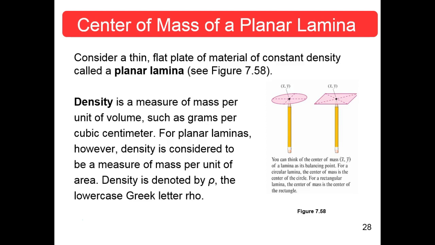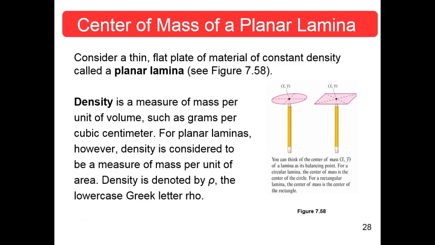Now, if you have a thin, flat plate of uniform density, if it's symmetric, then whatever its center is will be its center of mass. That could be a circle, it could be a square, it could be a rectangle, it could be an ellipse. The center will be the center of mass. You can think of the center of mass, x bar, y bar, of a lamina as the balancing point, which is exactly what it was with all the things we were just doing. For a circular lamina, the center of mass would be the center of the circle.